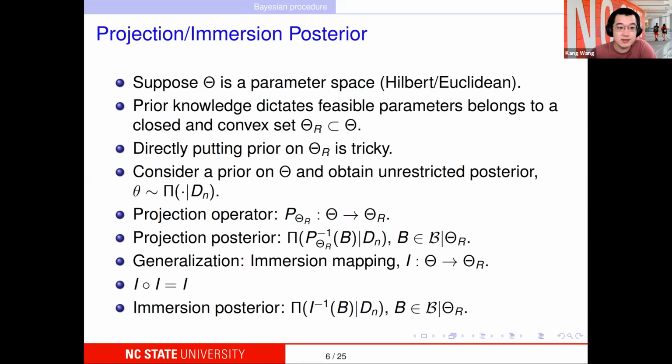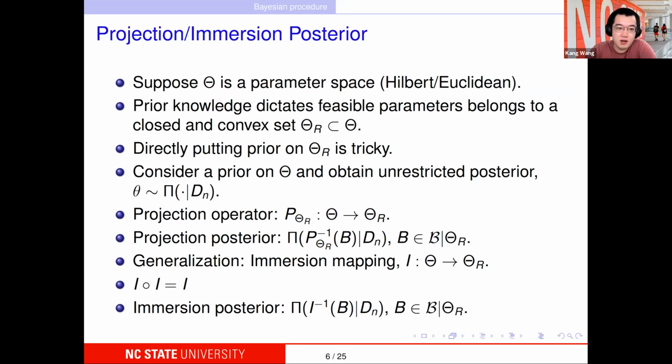In the abstract sense, suppose Theta is the parameter space concerned here, and it might be Hilbert or just Euclidean, and we have some qualitative prior knowledge about the shape of the regression curves or surfaces, and the feasible parameter belongs to a closed and convex set denoted as Theta_R, a subset of the parameter space Theta.